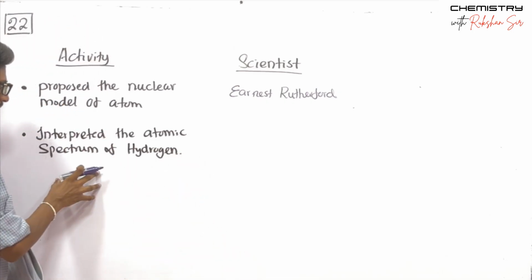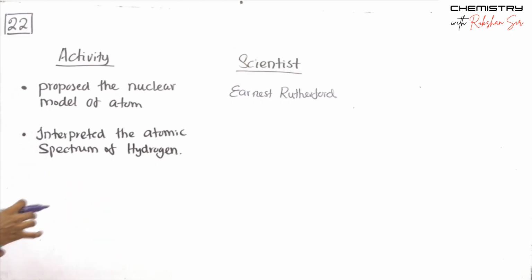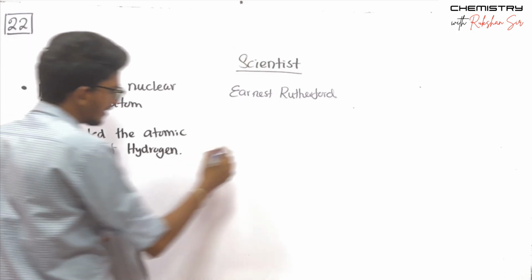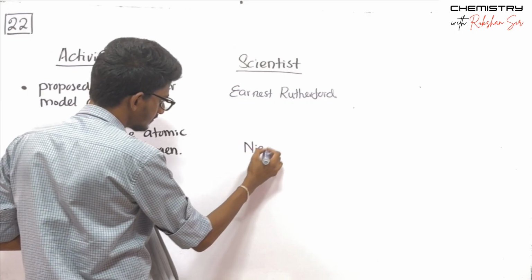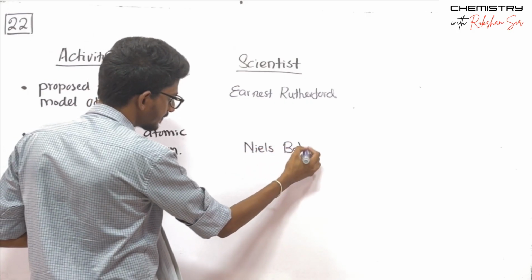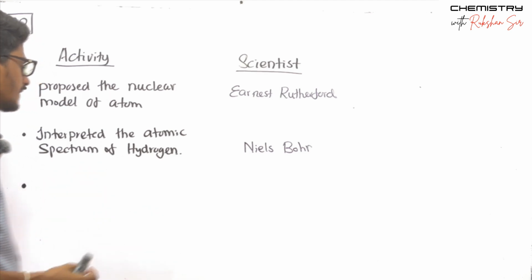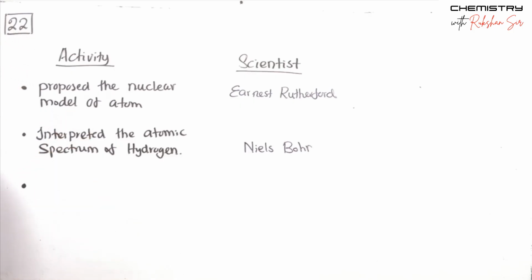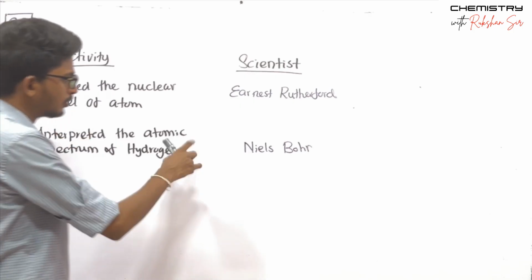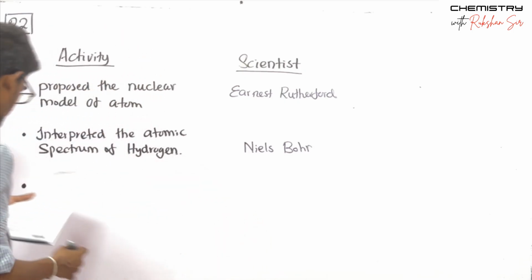The origins of the hydrogen atomic spectrum were described by Niels Bohr. Remember that? That was one failure of the Rutherford nuclear model. The nuclear model was unable to explain the origins of the hydrogen atomic spectrum. Then Niels Bohr is the one who gave some solutions.